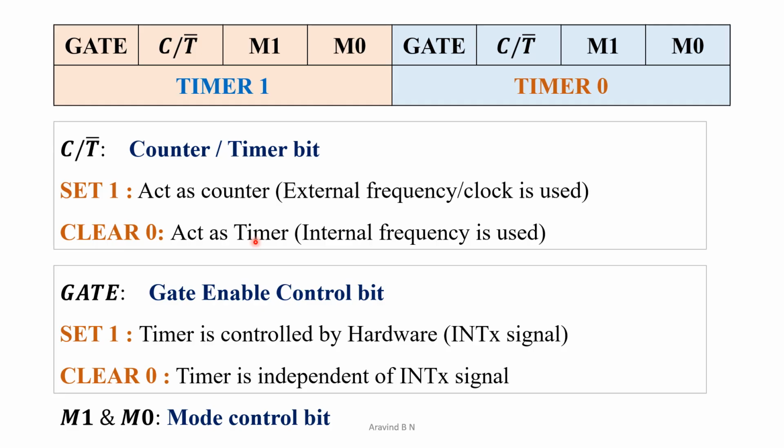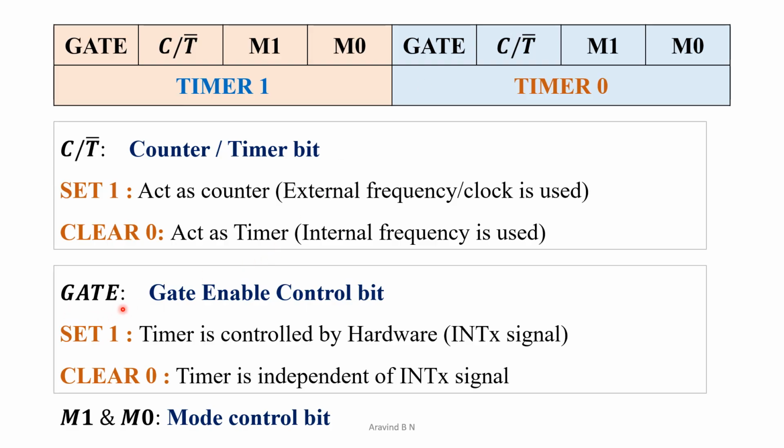Again, repeating, if we are operating with timer 0 and we set this bit equal to 0, then it is a timer. If it is set equal to 1, then timer 0 acts as a counter. The same applies to timer 1. Whichever timer we are using, based on the corresponding bit, we have to make it either high or low. Also remember, the TMOD register is not bit addressable.